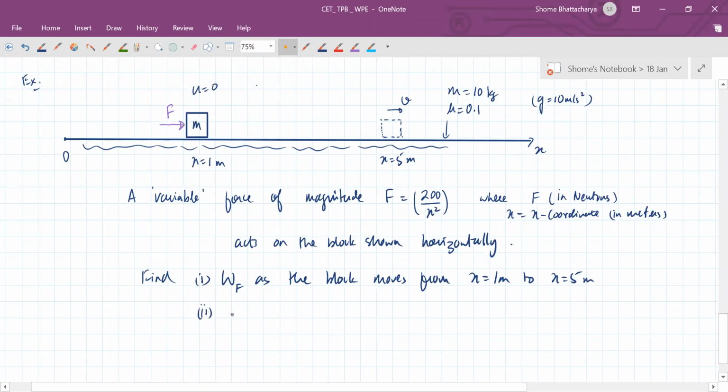And secondly, find V at x equal to 5 meters for the block. What is the speed of the block when it reaches x equal to 5 meters? So just try this question out, we'll discuss.